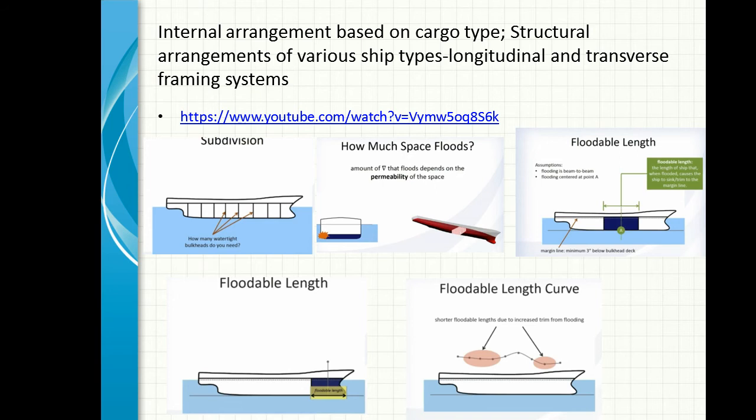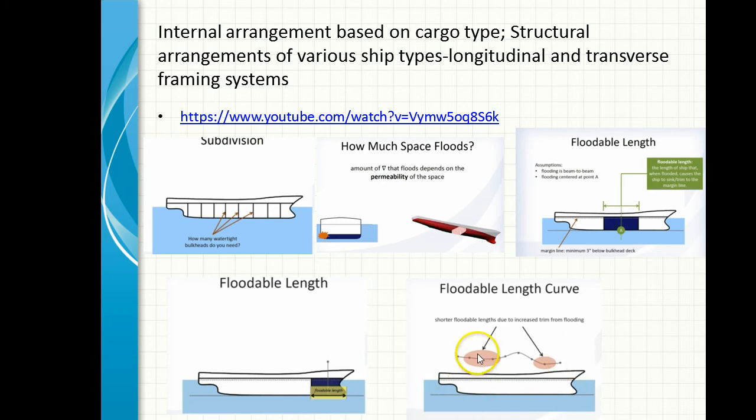The floodable length is the length of the ship that, when flooded, causes the ship to sink. There is a concept called the margin line, and up to the margin line the vessel can be flooded. These are plotted, and what you see here is the floodable length, which is actually the length of the area which can be flooded along the length.